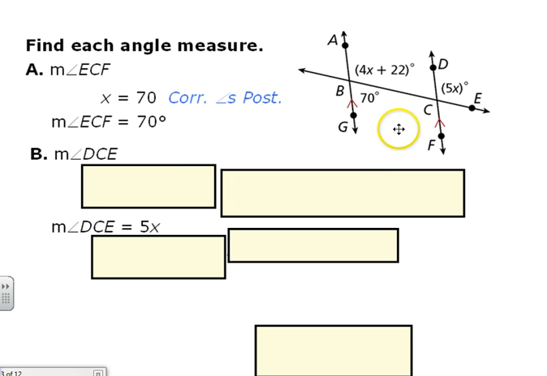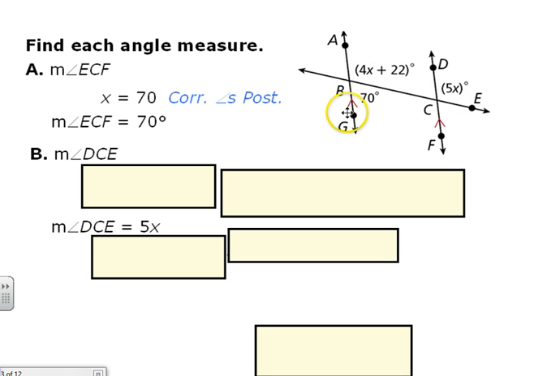BCF. No, wait. Well, yes, because what would you call those two angles? Vertical angles. Those are vertical, but do we know C? That's not really corresponding, that's just a vertical angle with this 5x. So we could use ABC.